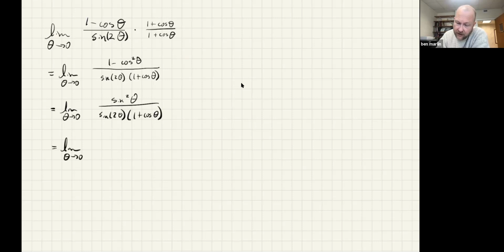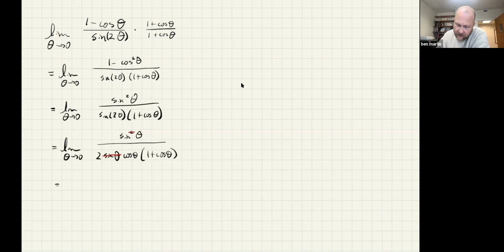So what we've got to do is remember another one of our trig identities. Sine of 2 theta can be rewritten as 2 sine theta cosine theta. And the reason that that is nice is that this sine theta that we've got here can cancel out with one of the sine thetas above, not both of them, but one of them.